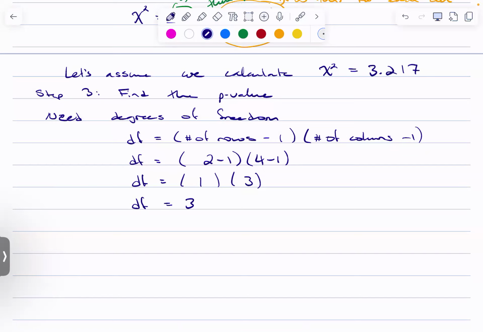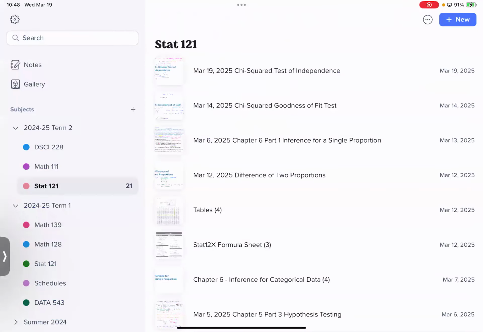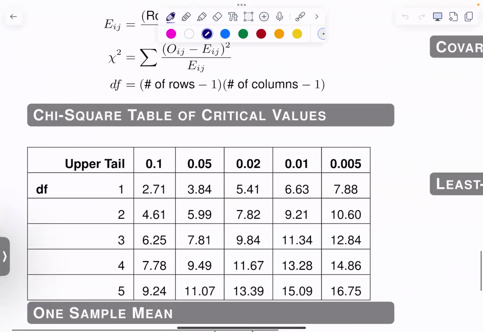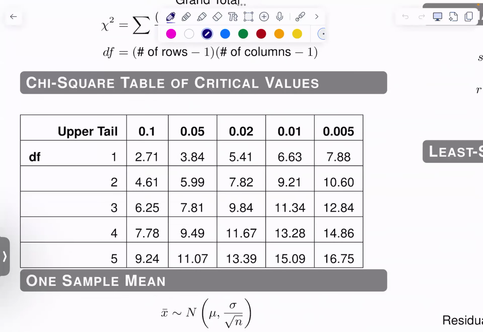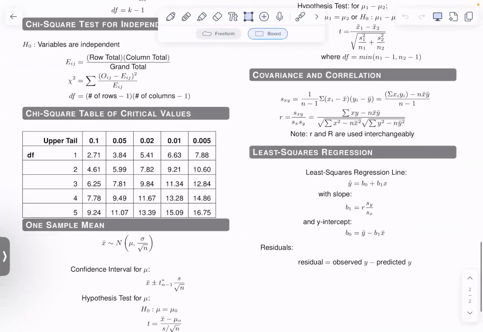Now that I have my degrees of freedom, once you have your degrees of freedom, sorry, I got carried away, you can go to your table, right? This table's on your formula sheet. Same one we were using last day.